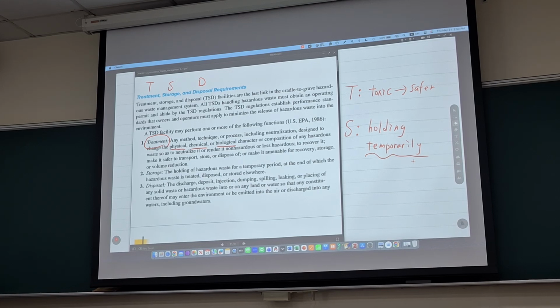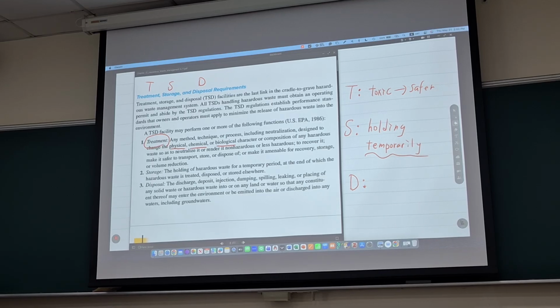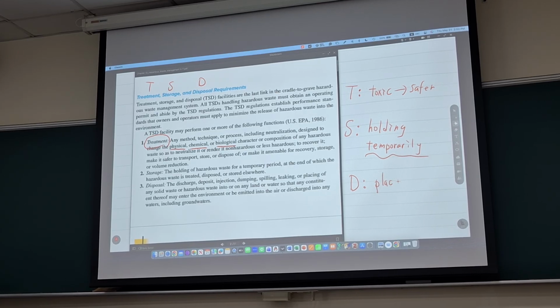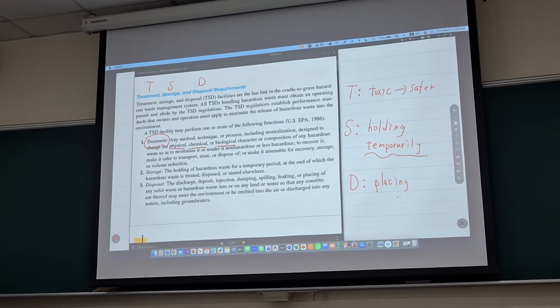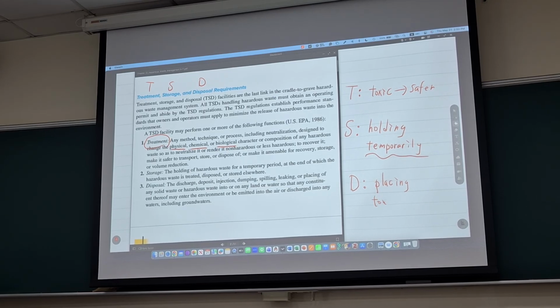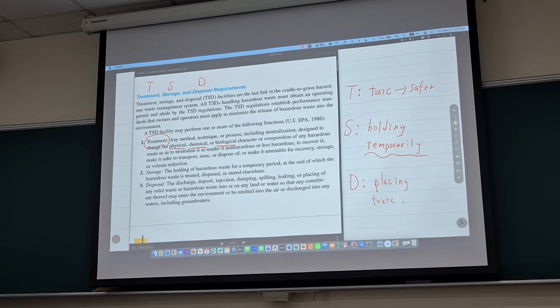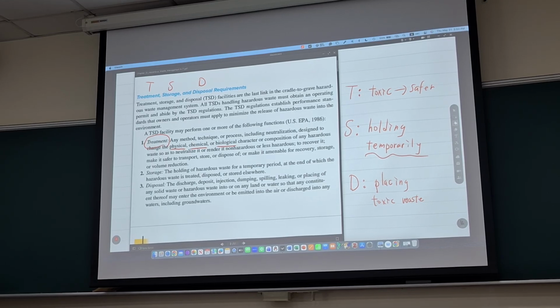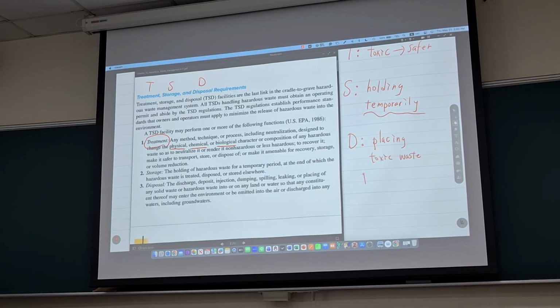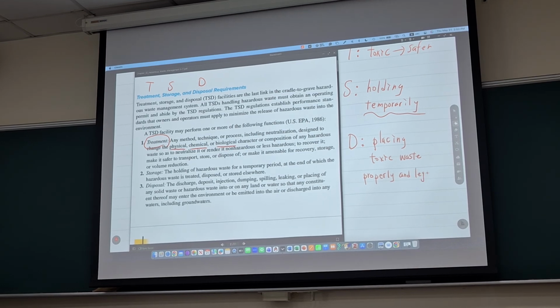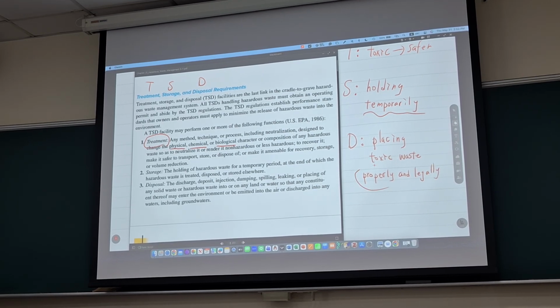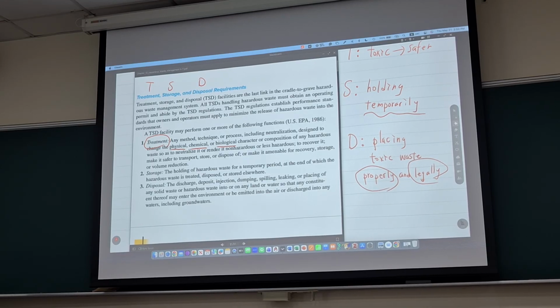The last one, the disposal. Disposal means you try to place those toxic wastes properly and legally. Especially legally.